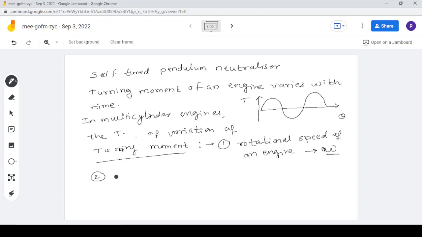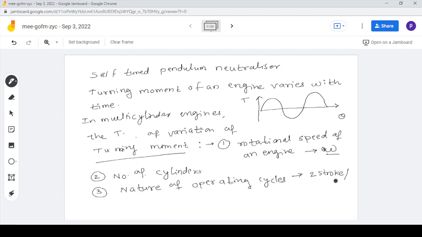The second factor is the number of cylinders. And the third factor is the nature of the operating cycle, which essentially means either a two-stroke or a four-stroke.